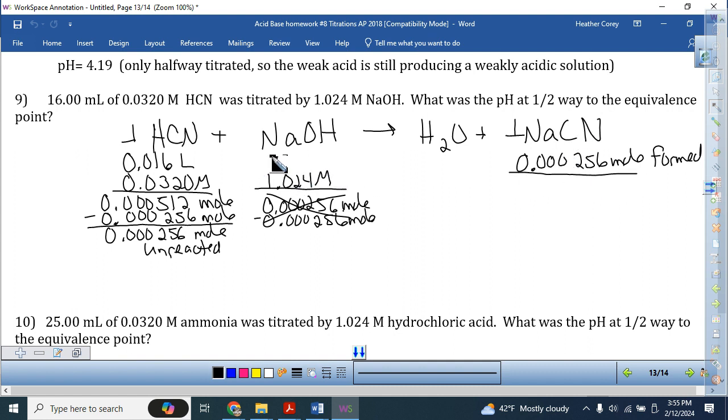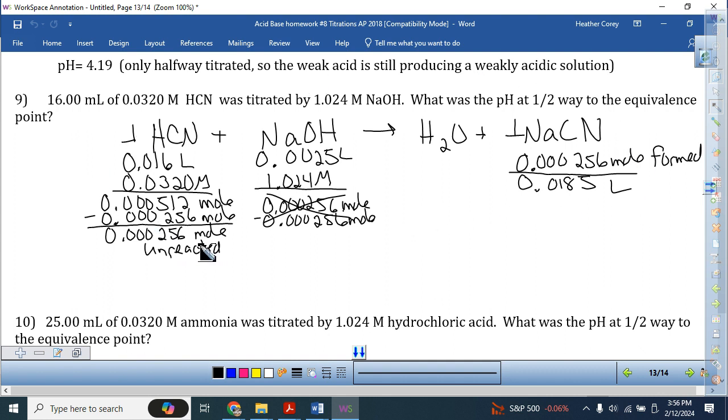Okay, so this is the long way. If I were to go ahead and find the liters of NaOH, I end up getting 0.0025 liters of NaOH, which gives me a total of 0.0185 liters of solution. Well, how many liters of HCN are left over?